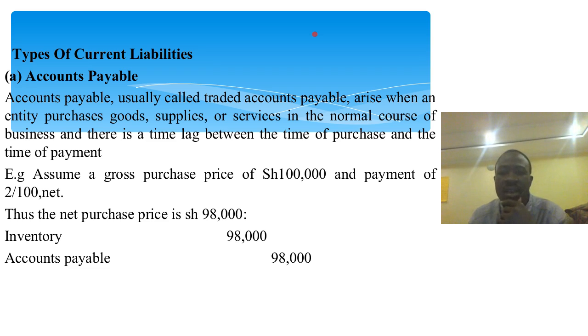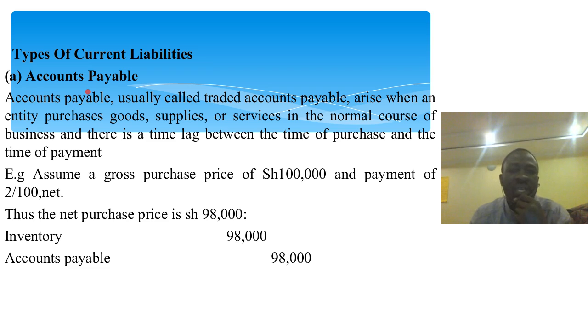Then we have the types of current liabilities, and the first type is accounts payable. Accounts payable are what we commonly refer to as creditors.